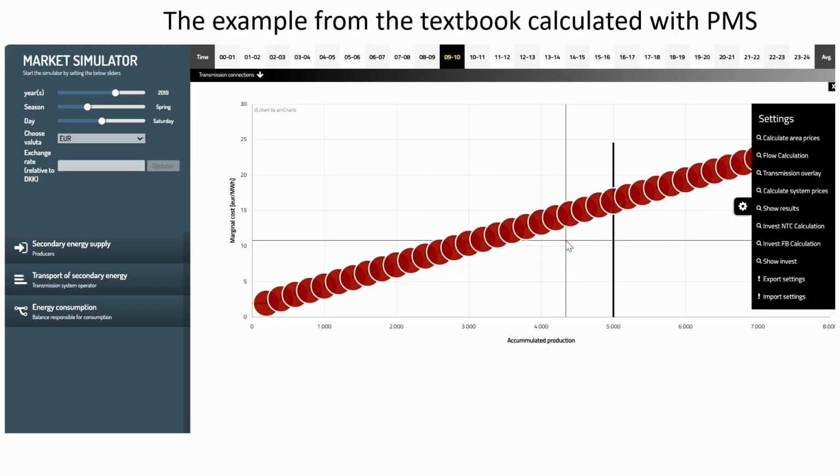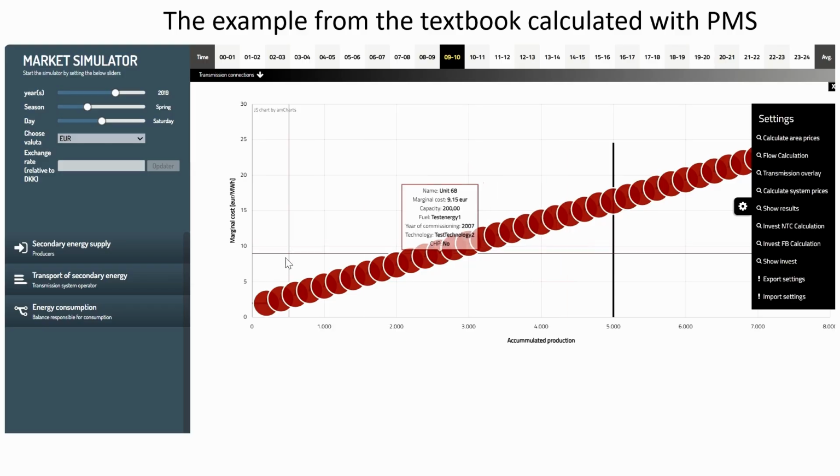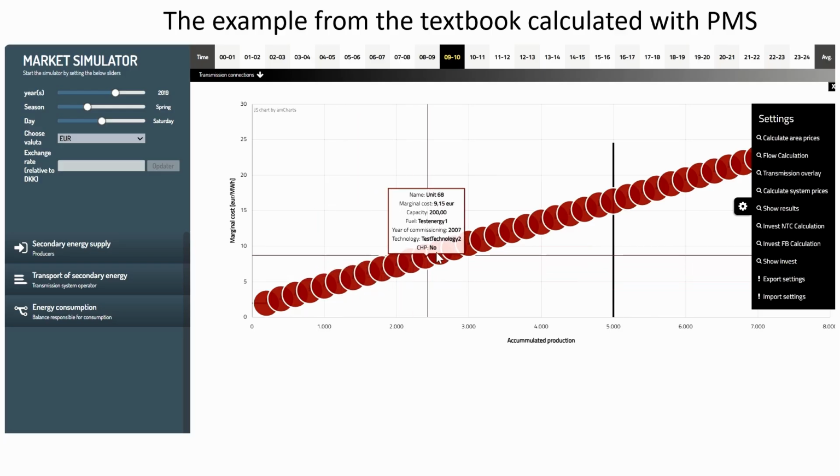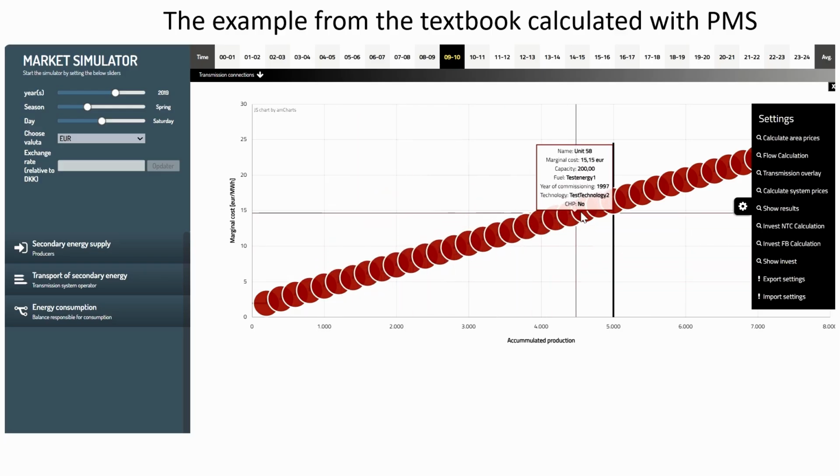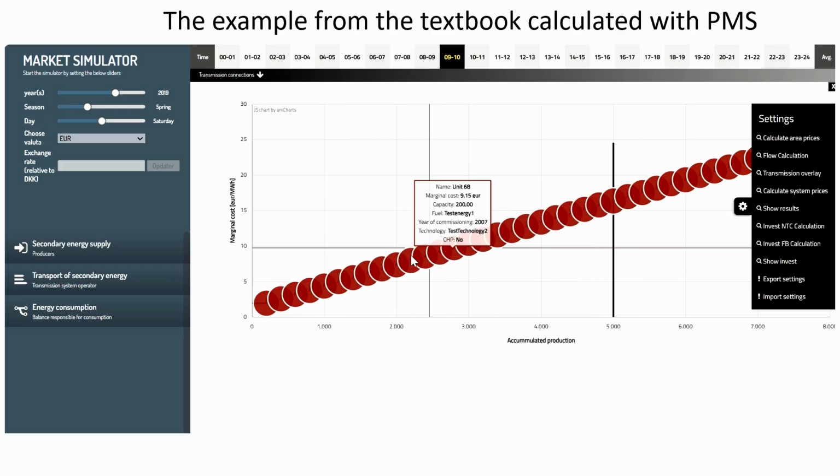For VE2, which is equal to node B, we have also approximated the straight line marginal cost curve with this staircase curve here.